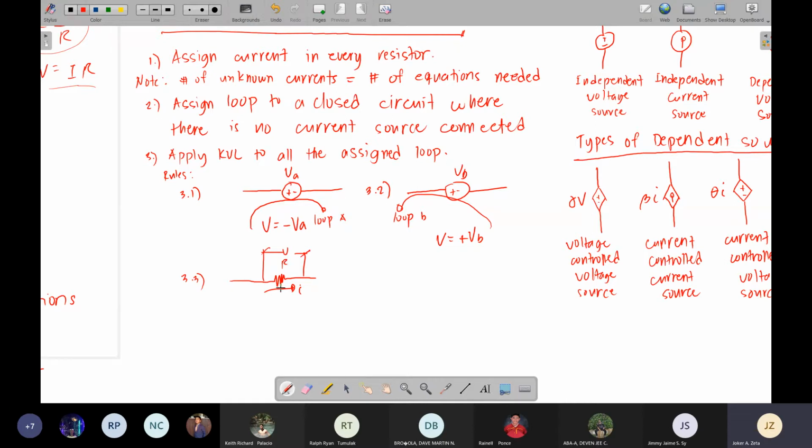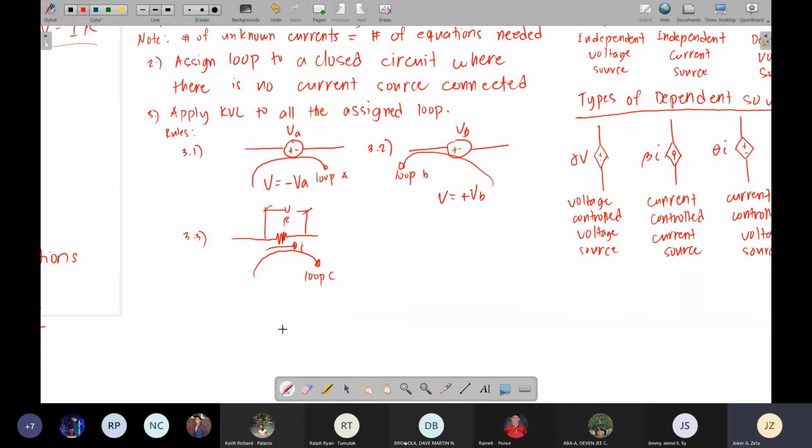The resistor also has a voltage. So, for example, this is my loop, let's say loop C. If the loop and the current have the same direction, then your voltage should be negative. So for this one, let's say negative IR.